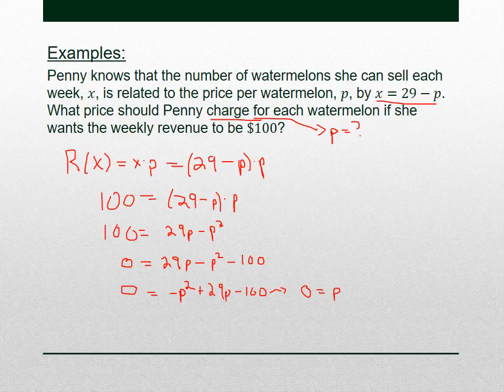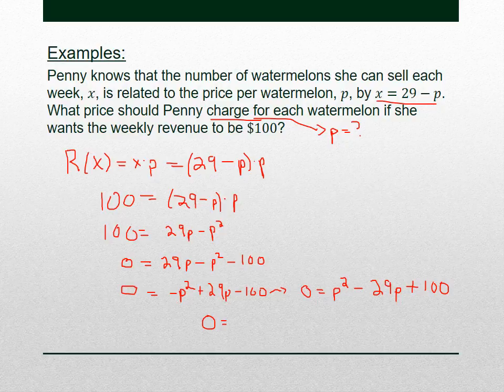Well, if we pull a negative out, multiplying both sides by -1, 0 times -1 is still 0. But that lets us write this as P squared, which is just a little nicer to see how this factors. So we get a minus 29P instead of a plus 29P, and then a plus 100 instead of a minus 100.